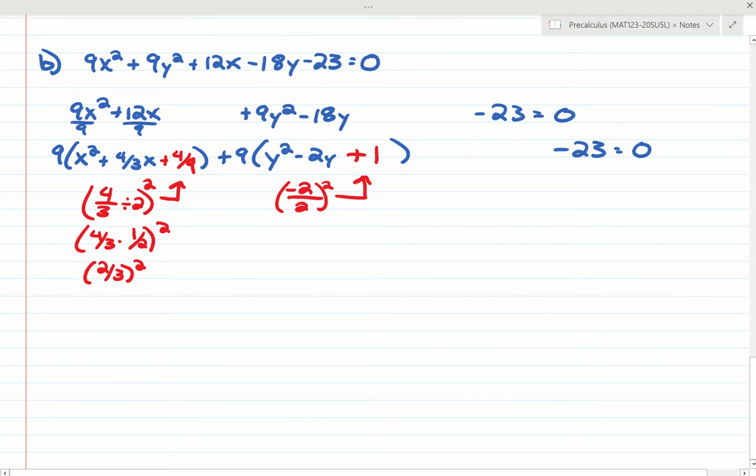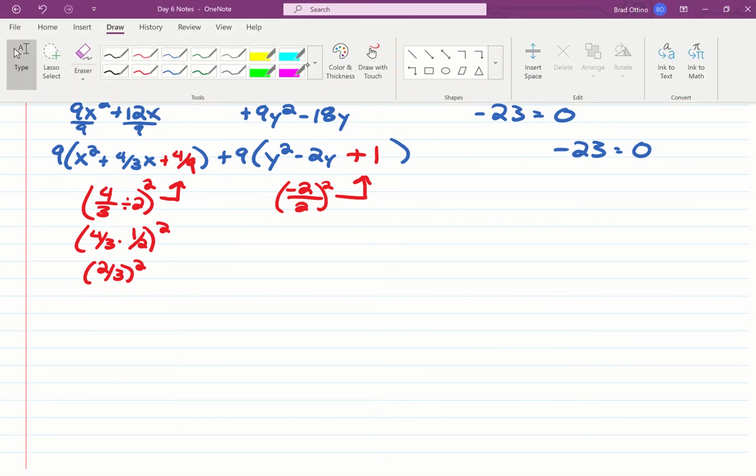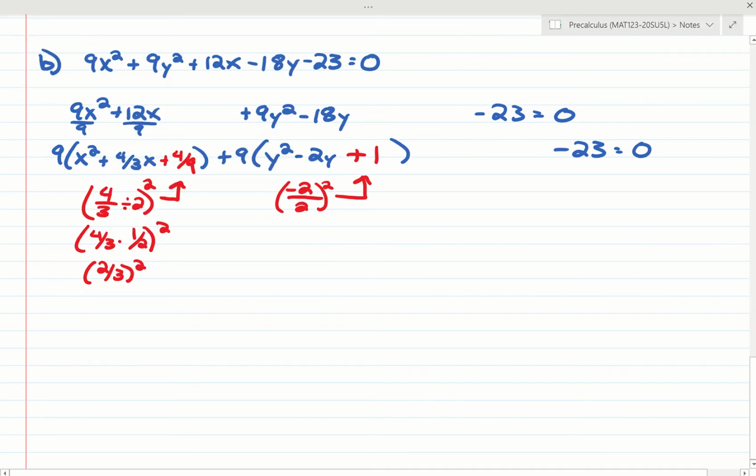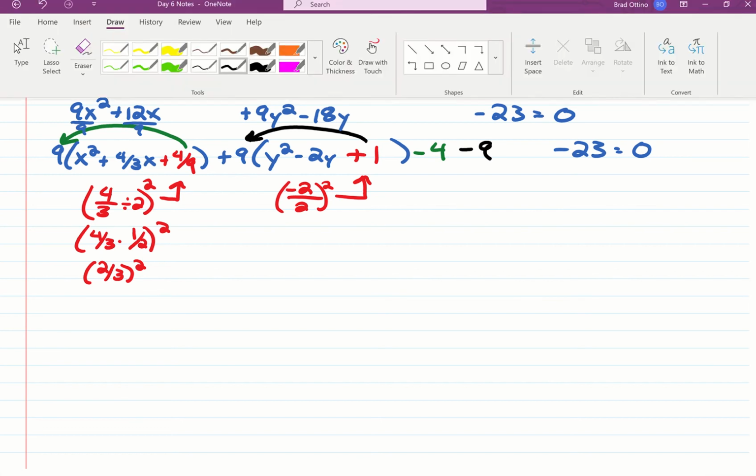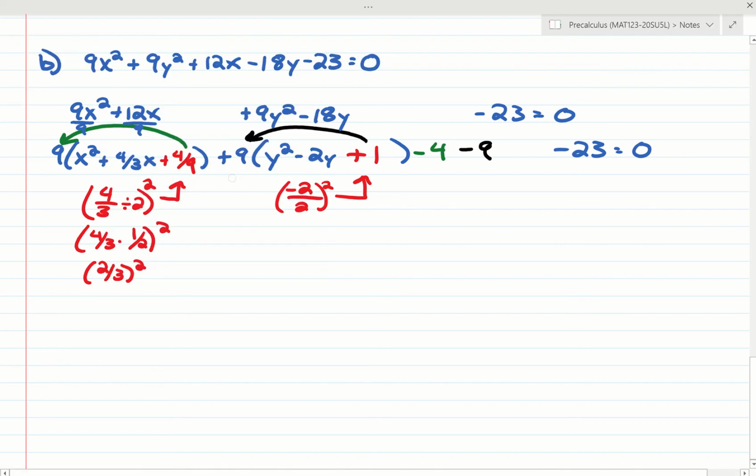And for our final step, what we're going to do is we're going to take our new numbers, multiply by the front, and then subtract it. 4 ninths times 9 is 4, so we're going to subtract 4. 1 times 9 is 9, so we're going to subtract 9. So let's clean this up and see what we get.